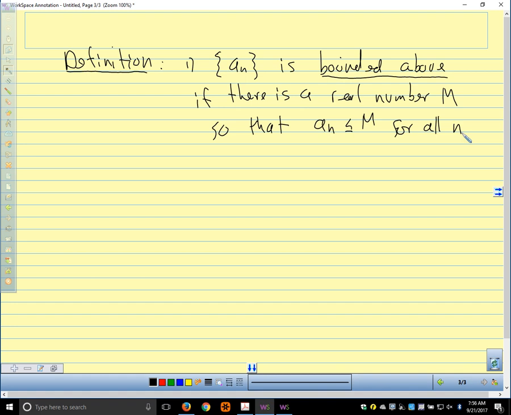So all we're saying is there's some number that the terms of our sequence never get larger than. That's what we mean by bounded above.